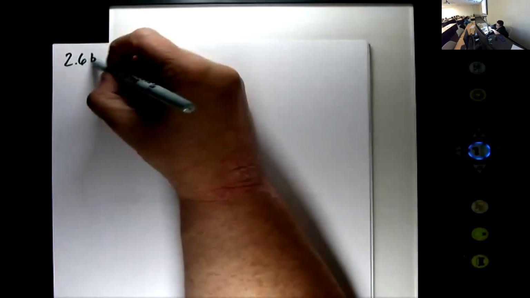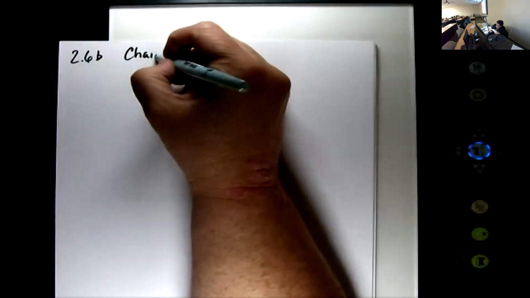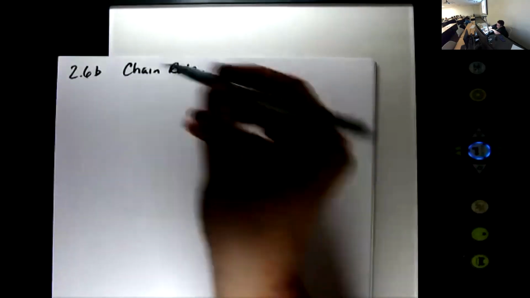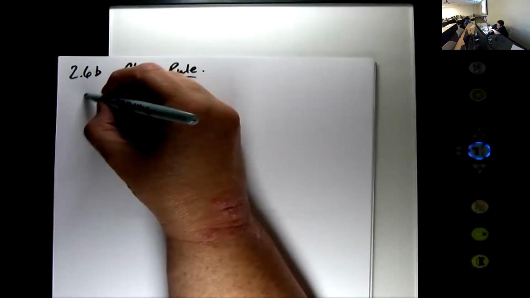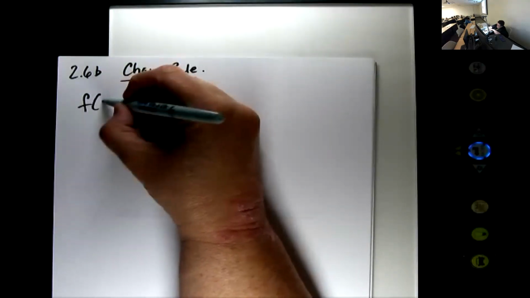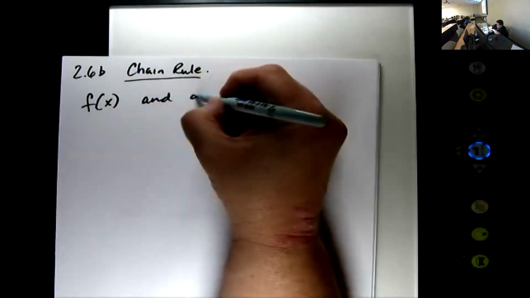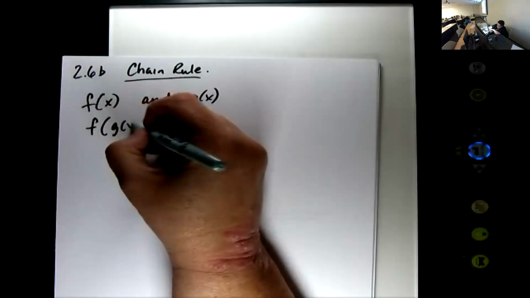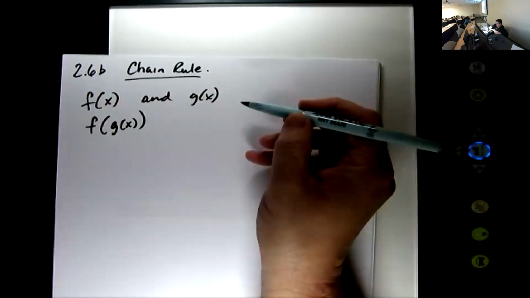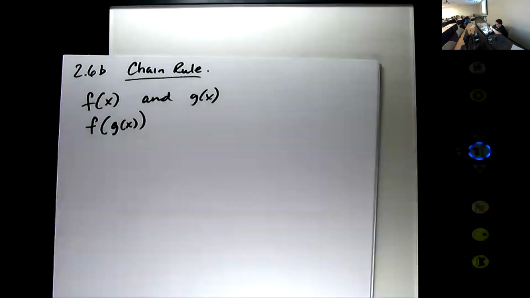Let's get popping on finishing up 2.6. 2.6, we're on, I'll say B because this is our second time doing it. This is the chain rule one. So this is where we have an f of x and a g of x, and we evaluate f at g of x, and we want to take the derivative.